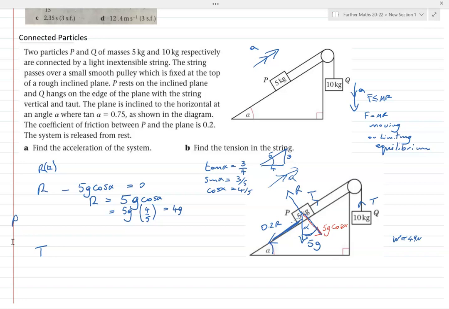So we've got T going up the slope. Down the slope, we've got the 0.2R, which is going straight down the slope. And we've also got the component of the weight down the slope, which is, in this case, 5g sine alpha, because it's away from the marked angle alpha, and we've got 5g cos alpha into the slope.